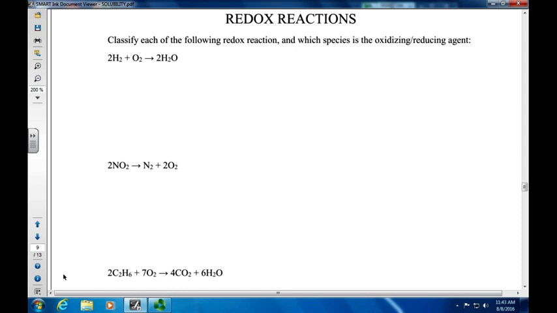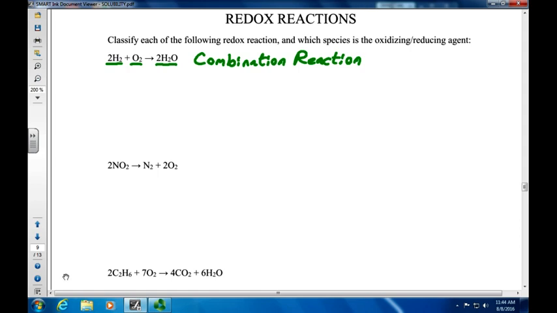In our first example, we have two species that are combining to form a third species in the product. So this is called a combination reaction. Also called a synthesis reaction if it ever comes up.